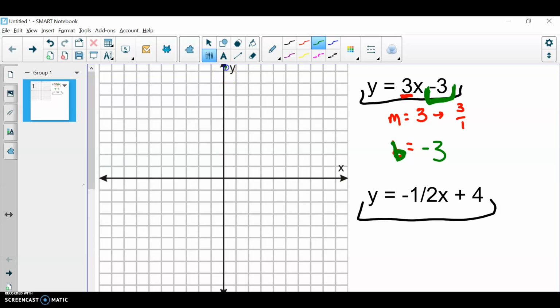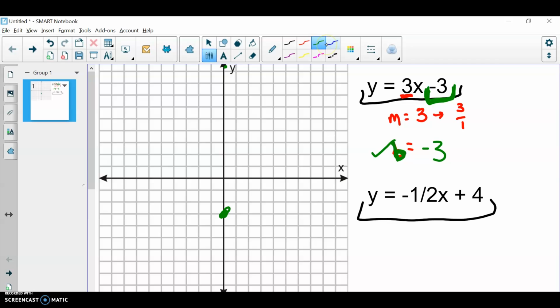Remember, the y-axis is our vertical line, the one that goes up and down. So on that y-axis, you're going to need to go to -3. And remember that negative tells you to go down. So from the middle, you count down 1, 2, 3 spots and put a dot. That is your y-intercept. That is what we just checked off.